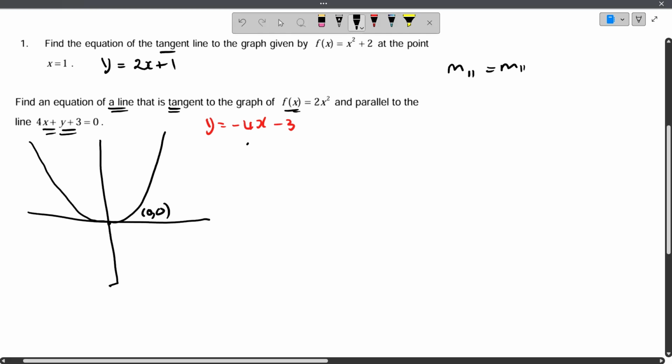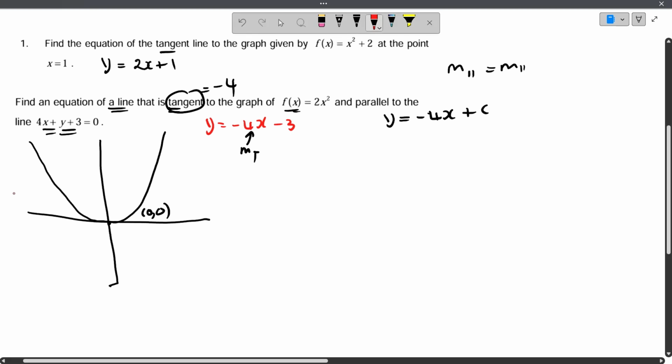We said that this here is my m, which is the gradient, meaning the gradient of this tangent line will be equal to -4. So my equation now is y is equal to -4x plus c. Now we need to find the c.